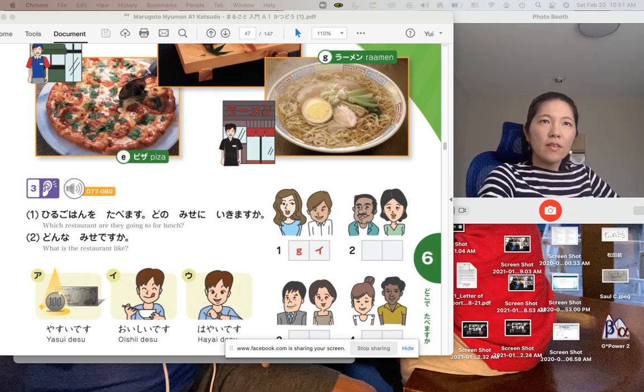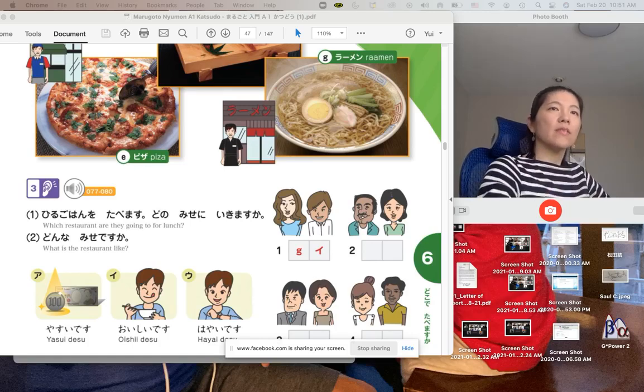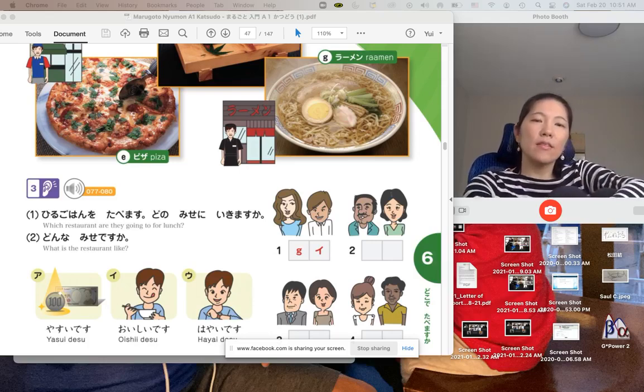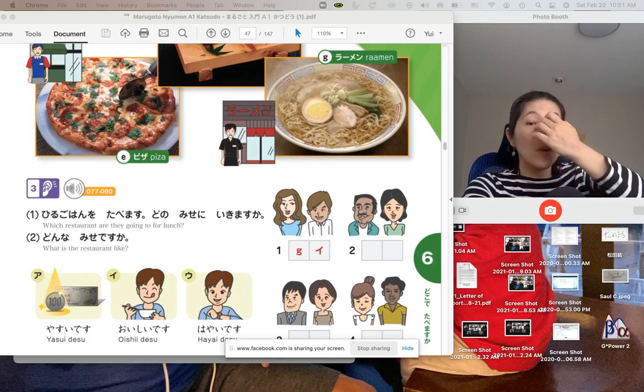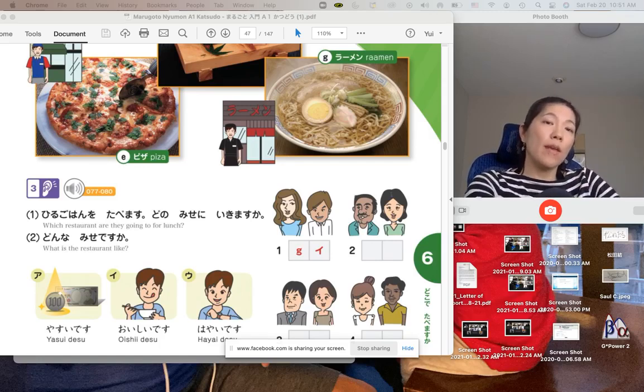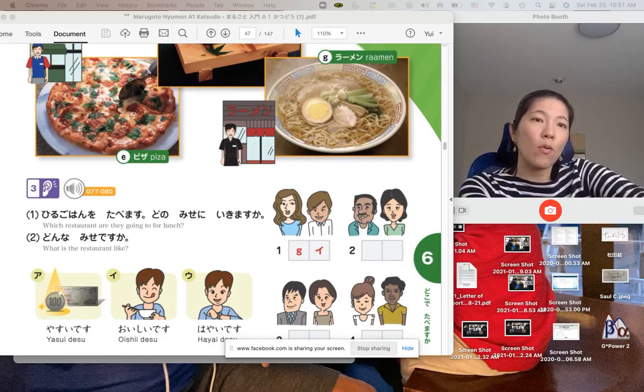Let's break it down. 1、田中さん、昼ご飯、今日はどこで食べますか？ Okay, 田中さん. This gentleman is 田中さん. 昼ご飯, lunch. 今日はどこで食べますか? So it sounds like they might eat together more than once. 今日はどこで食べますか means they've probably eaten before, no?